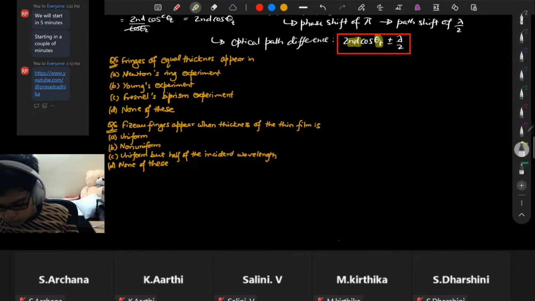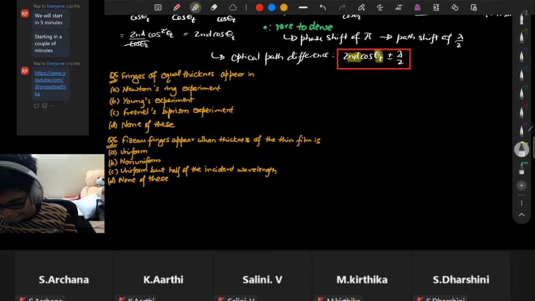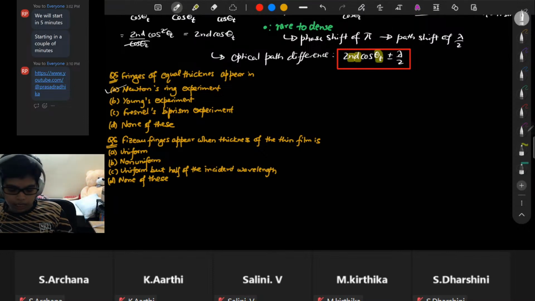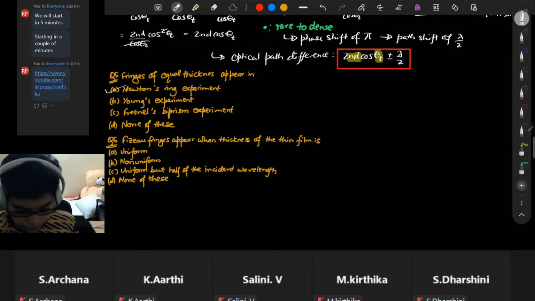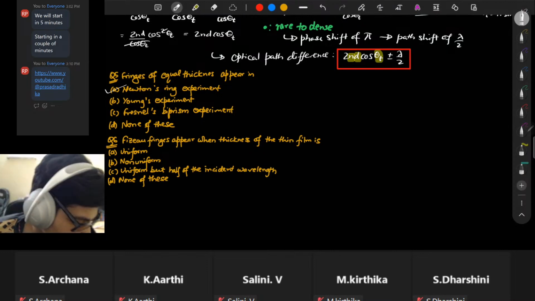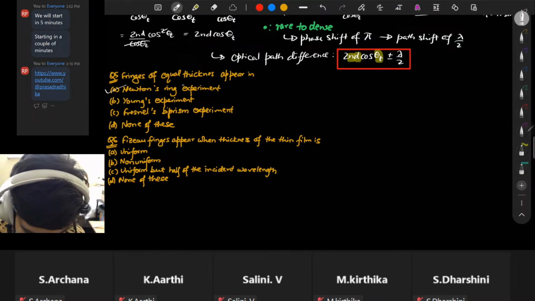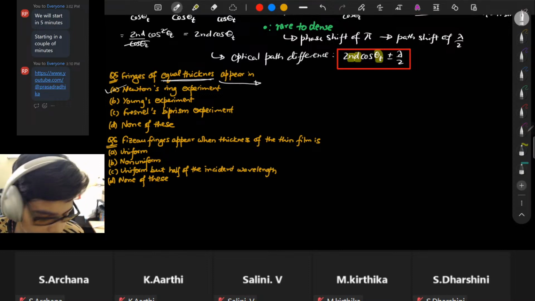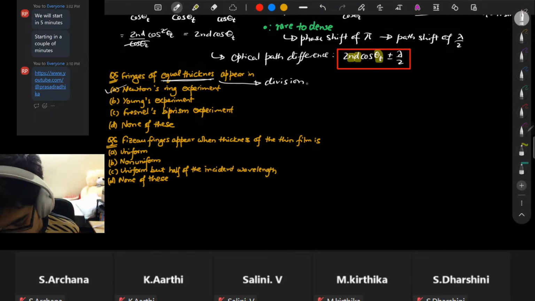So most of you got this one right, and I am very happy. The correct option is A, Newton's ring experiment. So fringes of equal thickness come up in the case of division of amplitude.